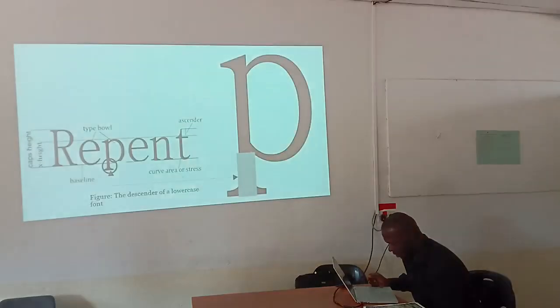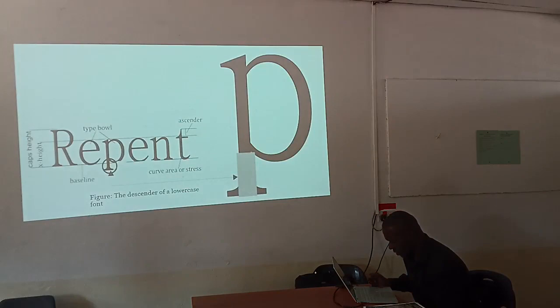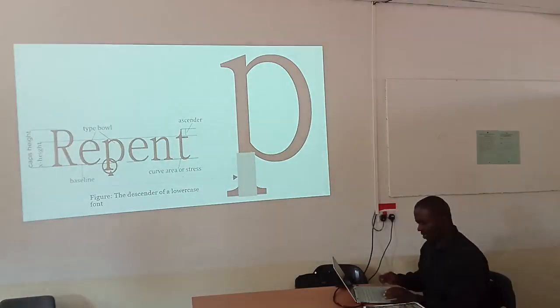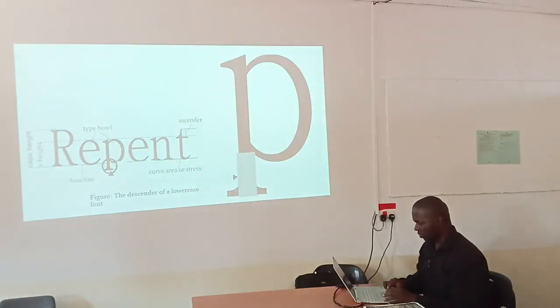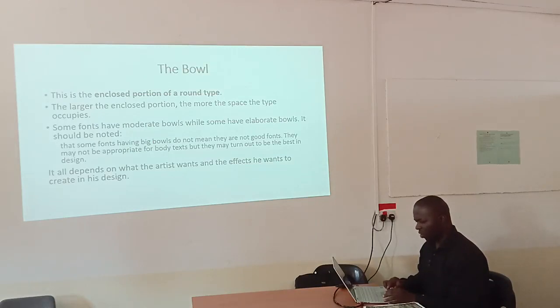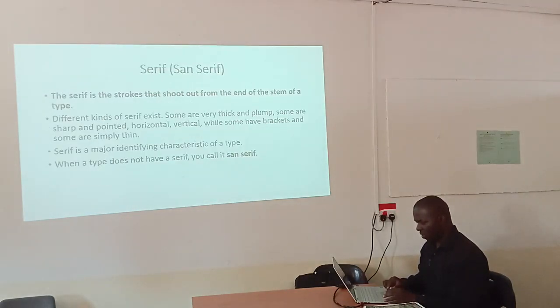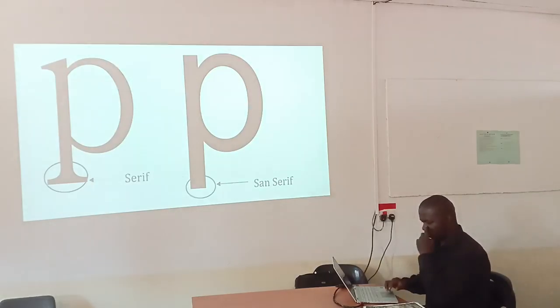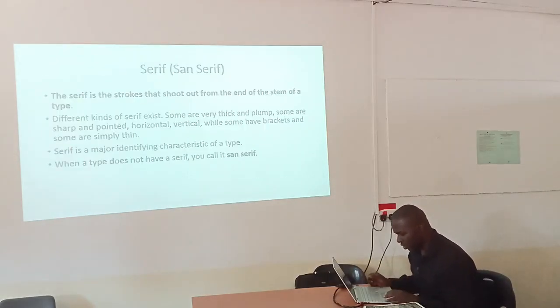Some of the things we already talked about, but you have to see, okay, this is the ball, this is the enclosed portion. Serifs, we talked about it. I don't want to spend much time here.